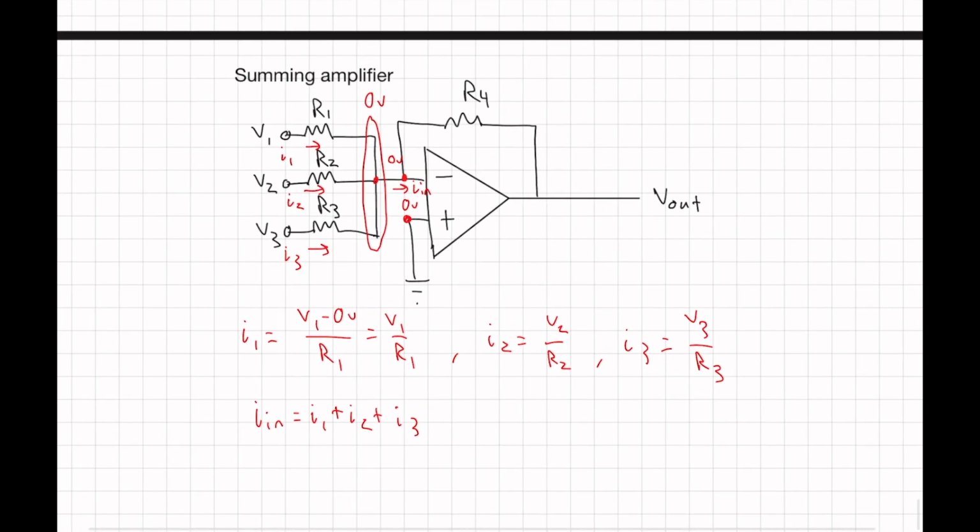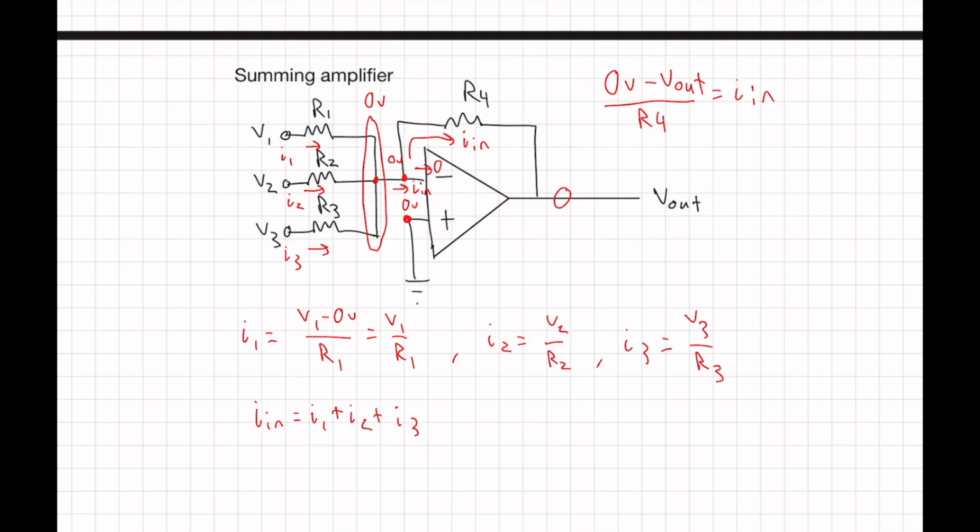Okay, so that's nice. We know that same current, none of it's going this way, so all of it's going through this resistor. We'll call that IN still. So we have this relationship. We have 0 volts at this node and then V out at this node. So 0 volts minus V out over R4 is equal to I in.